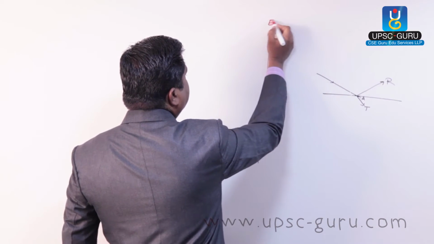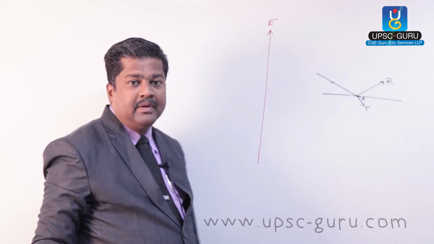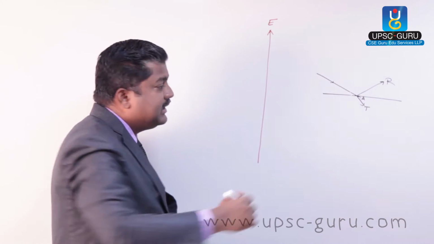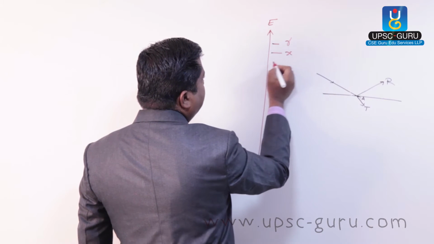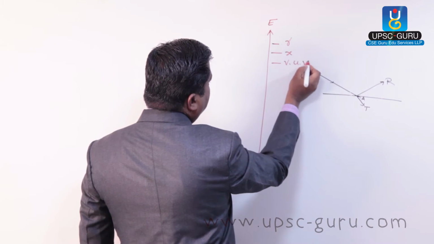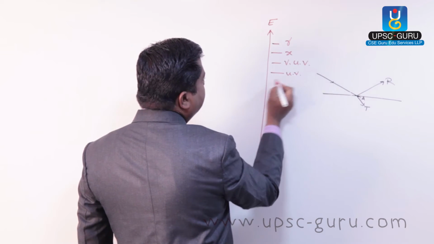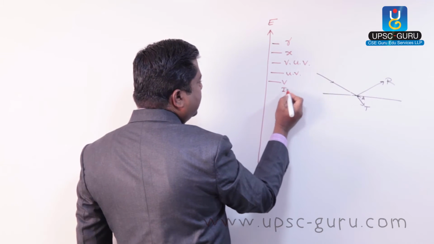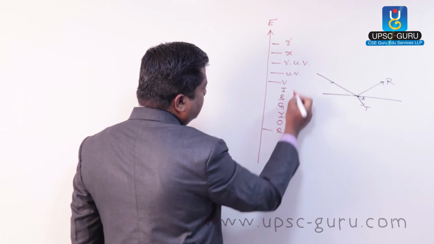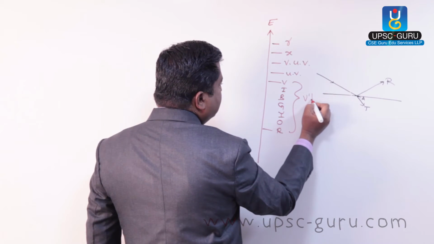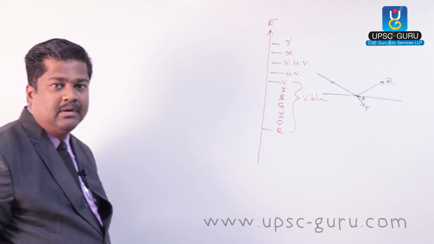This is the energy diagram. On the energy axis, the highest energy radiations are gamma rays, then X-rays, then vacuum ultraviolet, then ultraviolet, then violet, indigo, blue, green, yellow, orange, red. This range we are calling VIBGYOR, that is the visible range.